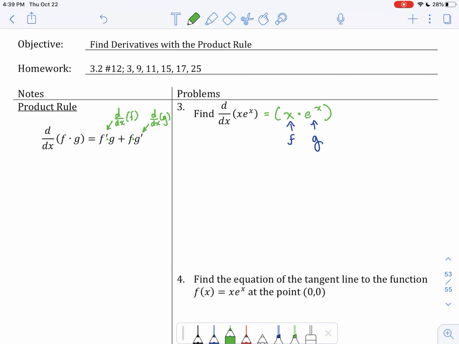So it's this longer, more complicated formula. So what I always recommend that you do with formulas that have multiple things that you have to plug in, because this has 4 components, derivative of f, g, f, and the derivative of g, is like I'm doing here, define what all of those are.